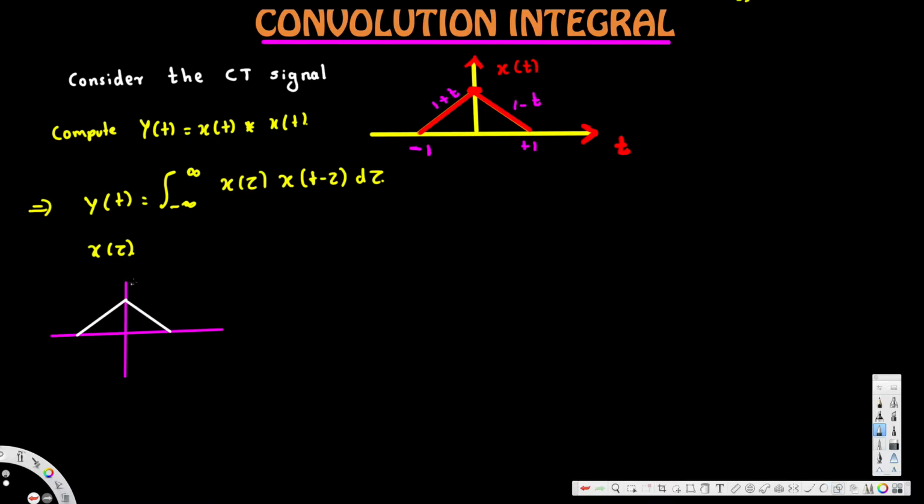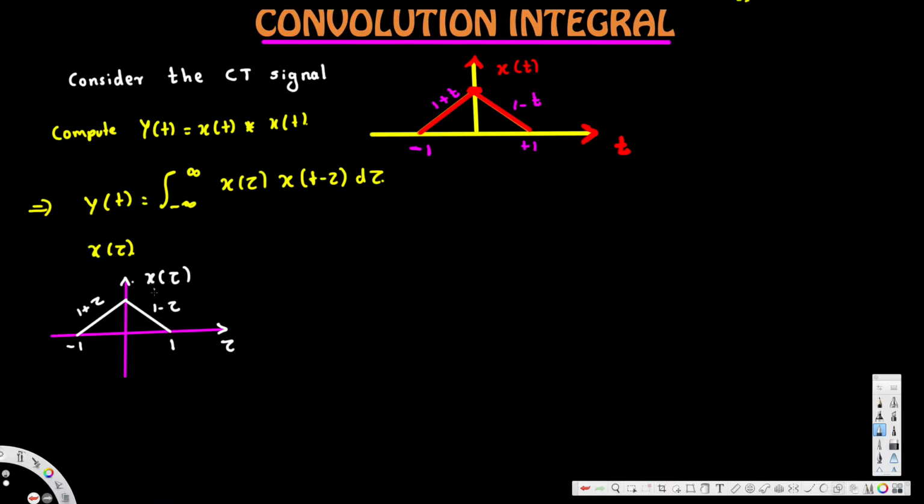This is x of tau, and this is tau, and then this is 1 minus tau and this is 1 plus tau. Here minus 1, this is 1, and that's it for x of tau.